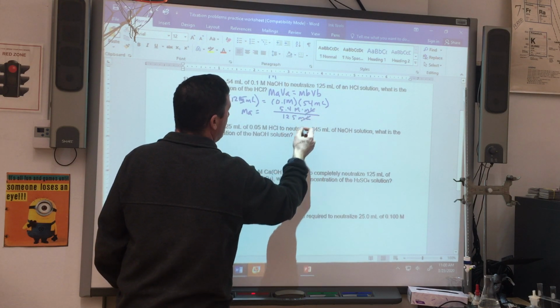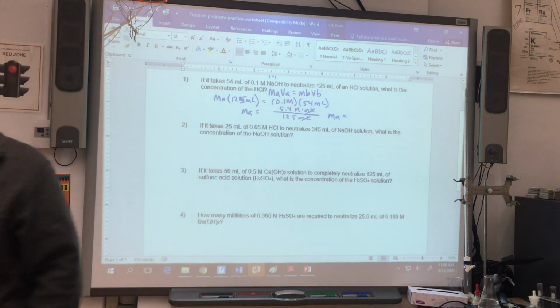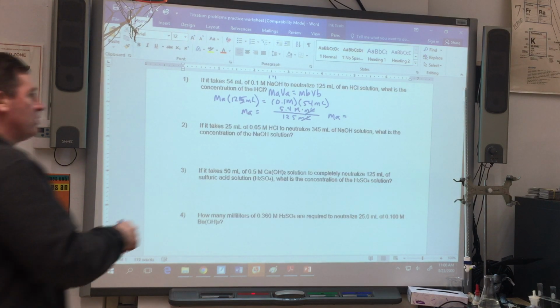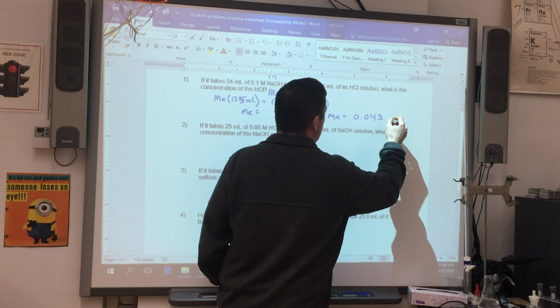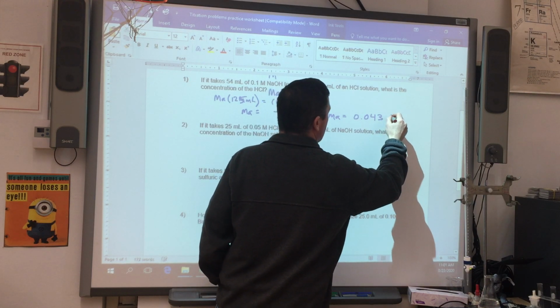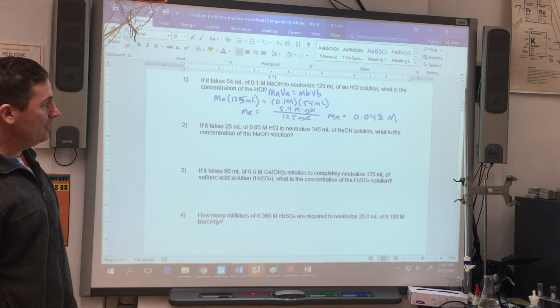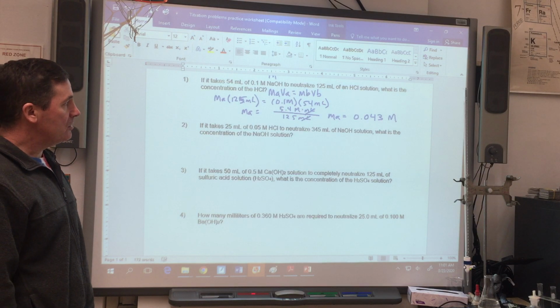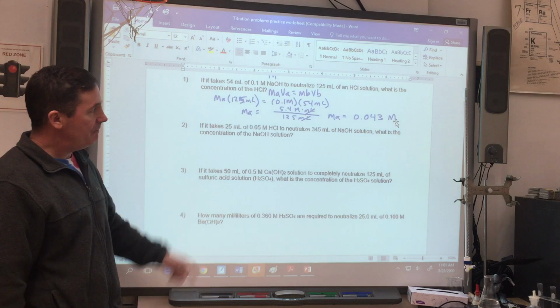I can cross out my milliliters, and then my answer, once I punch it into my calculator, is going to be 0.043. And that is its molarity, moles per liter. Okay? The rest of these are pretty straightforward.